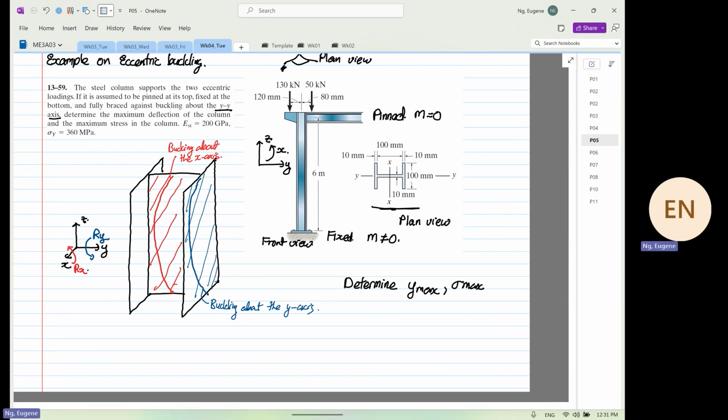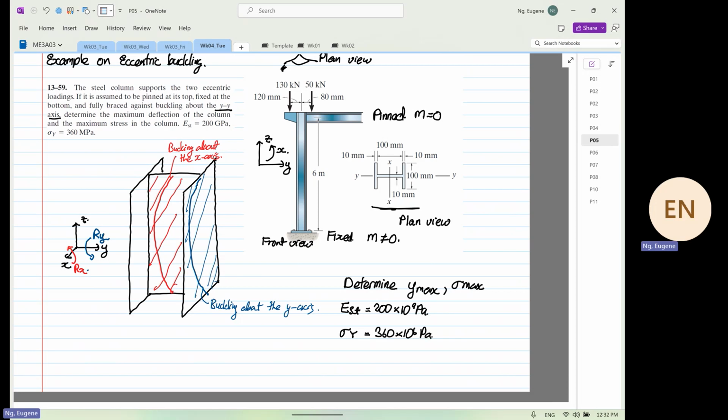Now, given that the Young's modulus of steel, so this is a steel column, we are using is 200 times 10 to the power 9 Pascal, and also given that we have a yield stress of 360 times 10 to the power 6 Pascal.